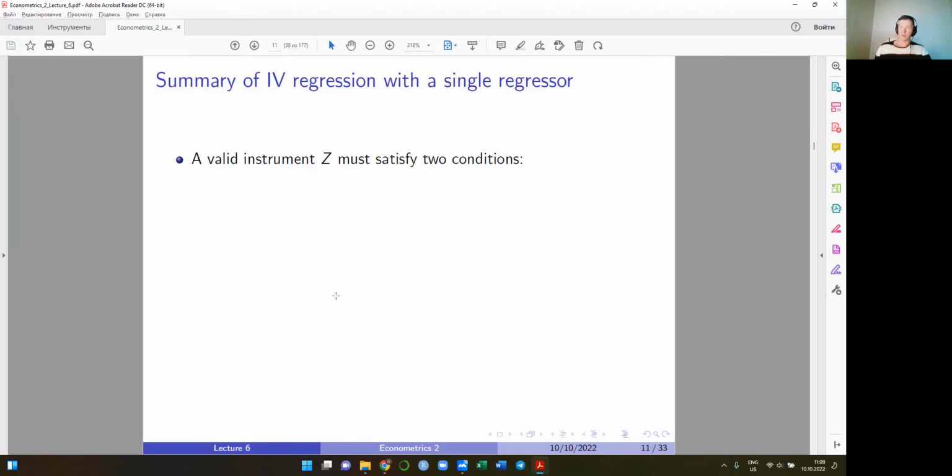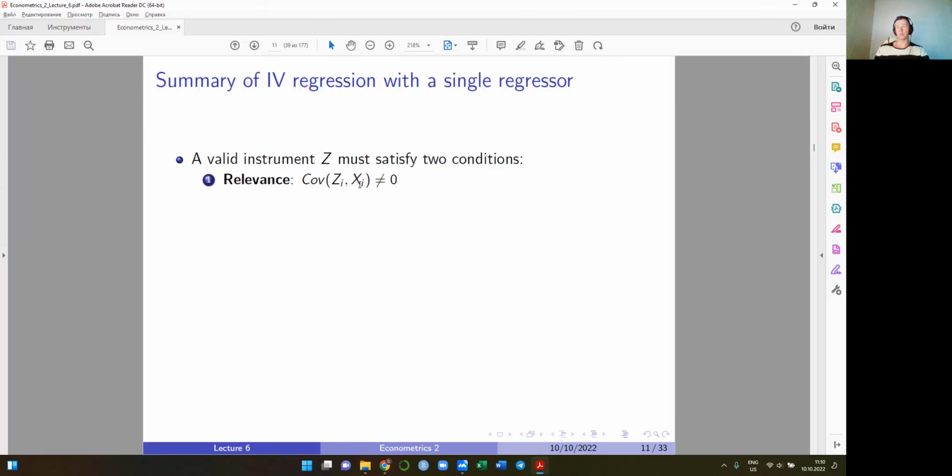So, a kind of summary of the idea of an instrumental variable regression with a single regressor. We need to always remember that a valid instrument must satisfy 2 conditions. One condition is relevance, the covariance between instrument and the problematic endogenous variable must be non-zero.